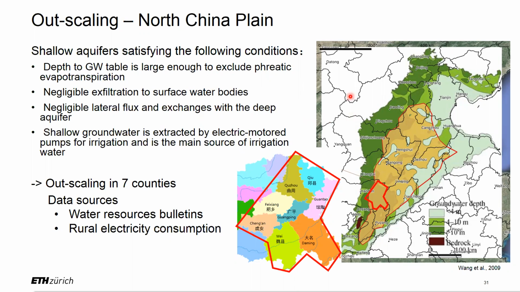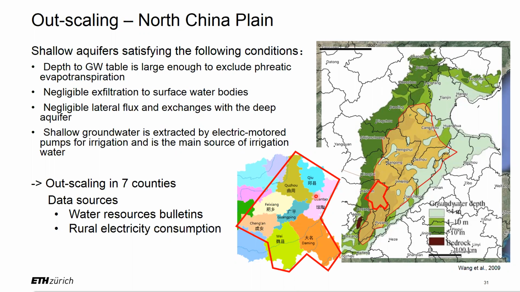Compared to the vertical exchange, the lateral flux can be ignored, and exchanges with the deep aquifer can also be ignored. And the irrigation water is mostly pumped by electric motored pumps, so we can estimate the groundwater abstraction using electricity.